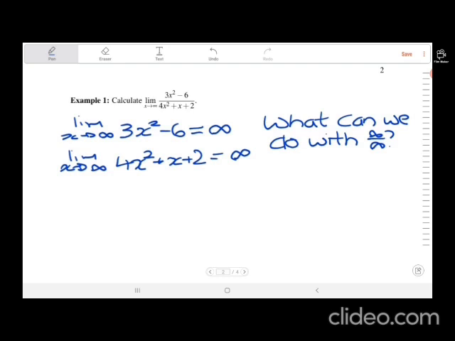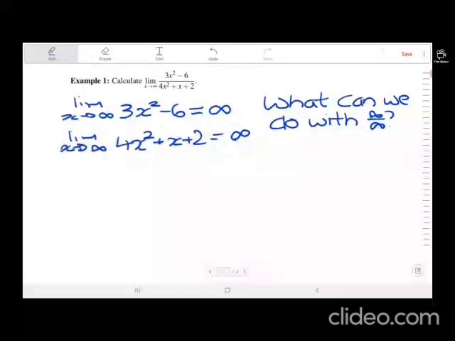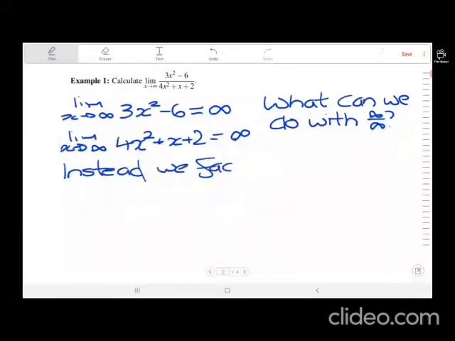So we actually have to approach this rational function as a whole, rather than breaking it down into the numerator and the denominator. So what can we do? Well, instead, we factor out the largest power of x in the denominator.